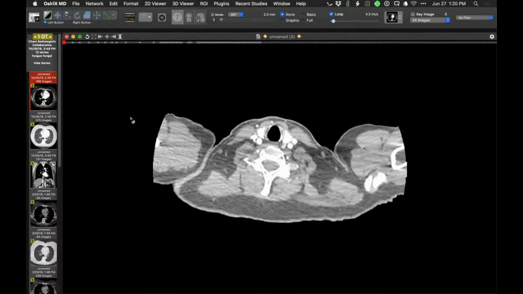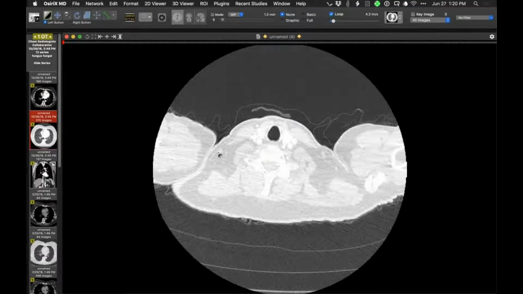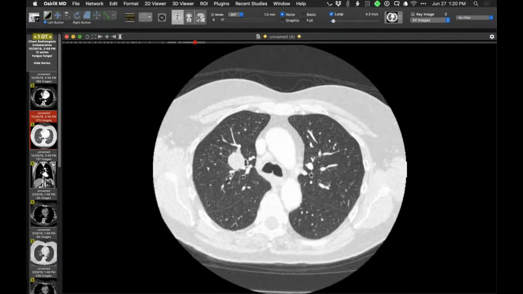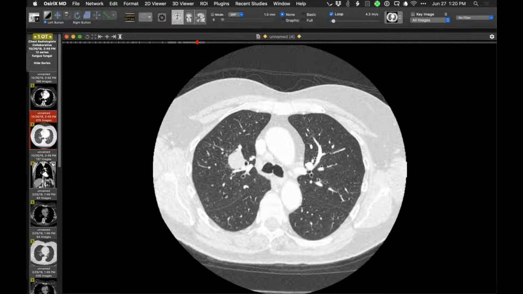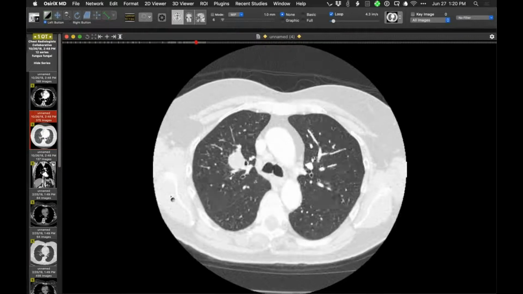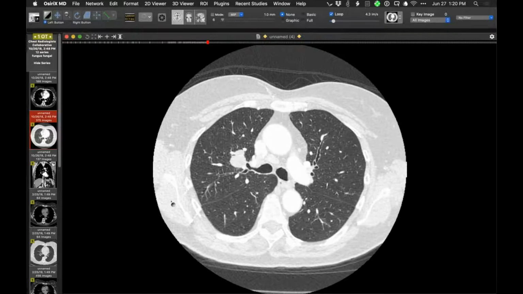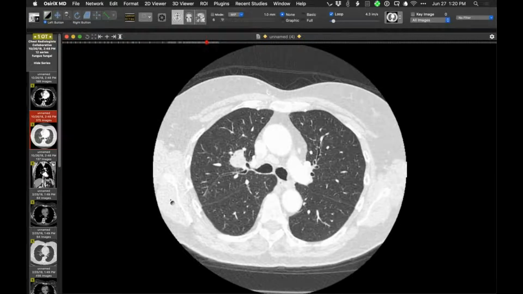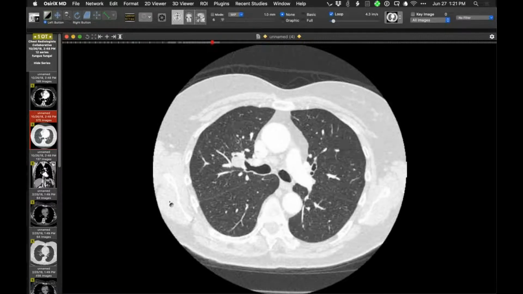This one is just a nice follow-up of a patient that has a diagnosis of coccidioidomycosis. So there's nothing particular about this right upper lobe opacity except that a transbronchial biopsy yielded coccidioidomycosis as a diagnosis. And I don't know if that was a surprise or not.